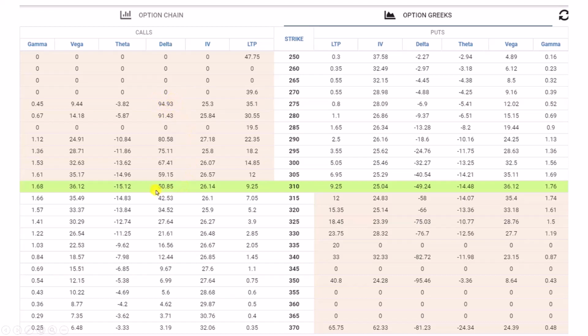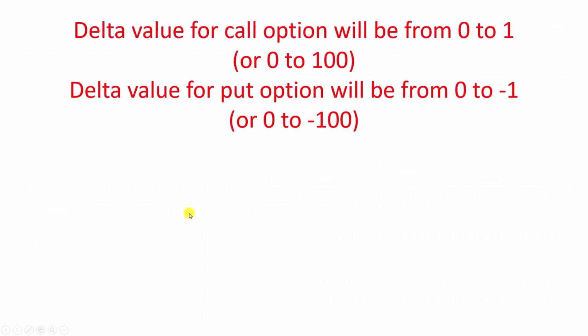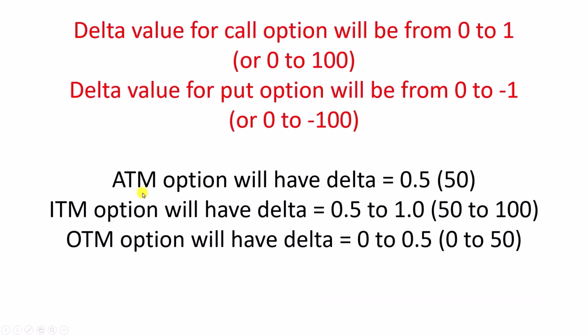So the at the money strike price option will have a delta value of 50, and let me proceed. At the money option will have delta 50, in the money option will have delta 0.5 to 1 or 50 to 100, and out of the money option will have delta 0 to 50 or 0 to 0.5.